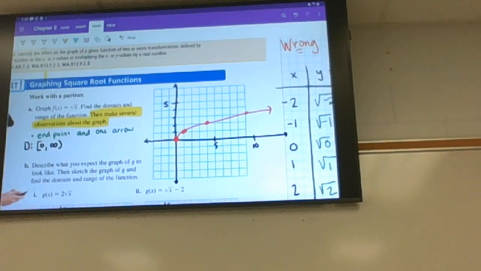It'll always be positive, so the range is going to look similar. It goes from 0 to infinity. The rest of class today will be starting with this shape and moving it around, up, down, left, right, flipping it, just like we have done with other functions.